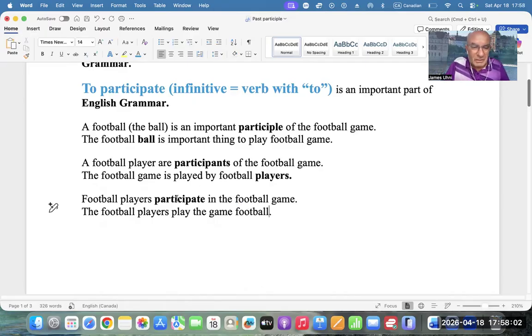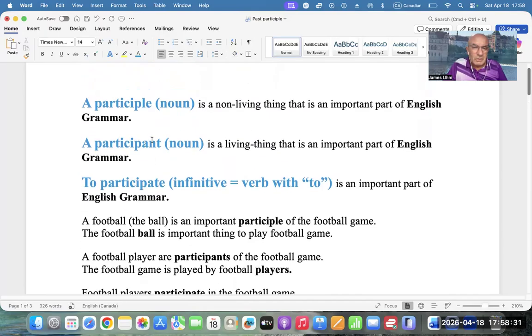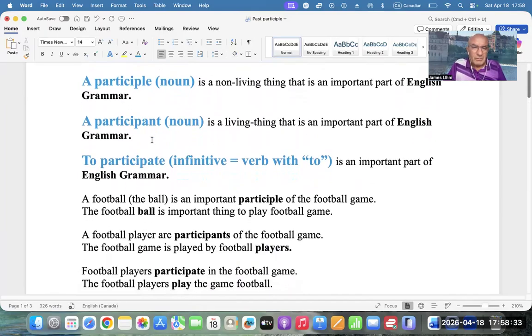So participate means play. And now we have play as a verb, right? So here it is verb, here it is noun of the living things, and this is noun of non-living things.